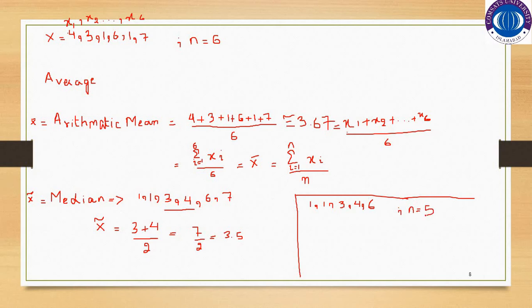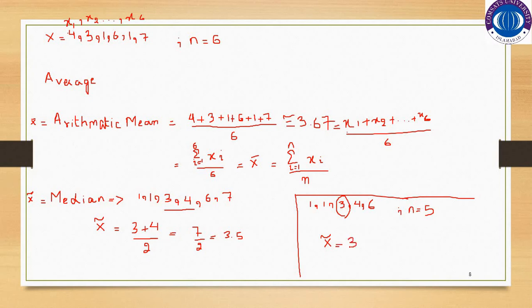In this case, when the number of observations is odd, where n is equal to 5, first of all arrange the dataset in ascending or descending order. Then the middle value will be the median, as this is 1, 1, 3, 4, 6. So this 3 is the middle value. So the median will be equal to 3.